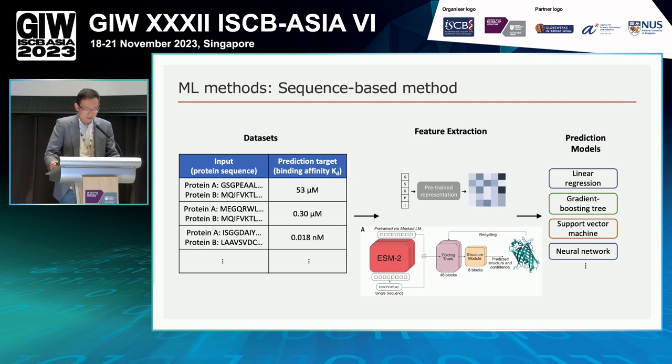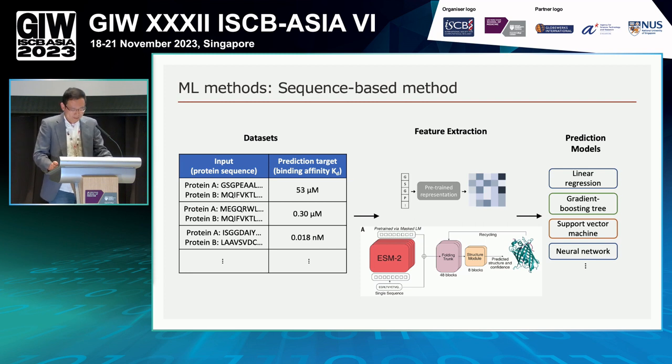So this is a slide for the machine learning models. There are various machine learning models that can be used for protein-protein interaction prediction, such as linear regression, gradient boosting, and neural network. For all of the machine learning models, the feature is very important for the final accuracy.